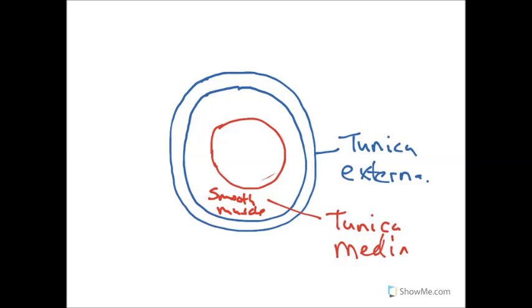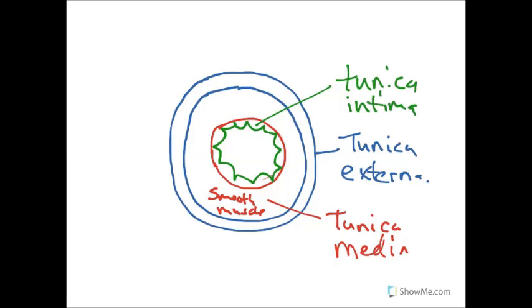And then lining this, you would have a simple squamous epithelial lining that is the tunica intima. The lining is made up of what we call endothelium, and that is something important we talked about last lecture. So in this idea that we have our lumen here, where the blood is flowing, this gives us an idea of how blood vessels are organized.